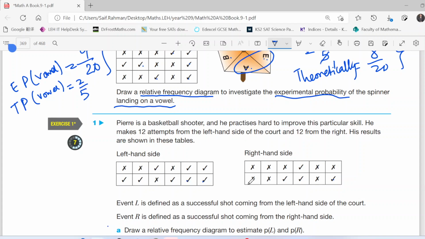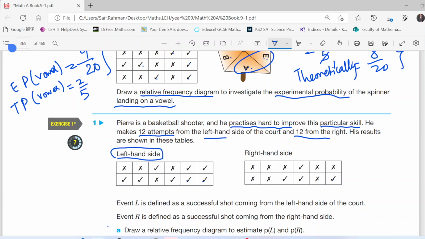In the next exercise it says that Perry is a basketball shooter and he practices hard to improve his particular skills. He makes 12 attempts from the left hand side and 12 attempts from the right hand side, and the results are here for his left hand side.